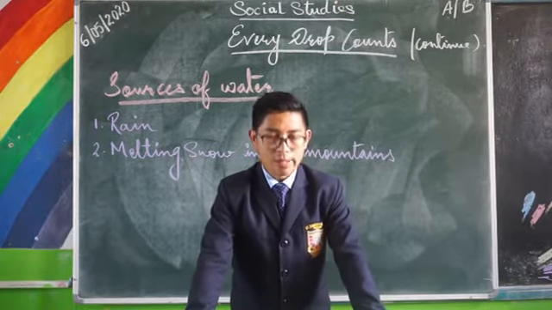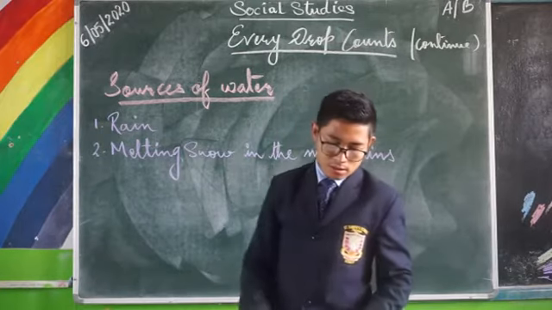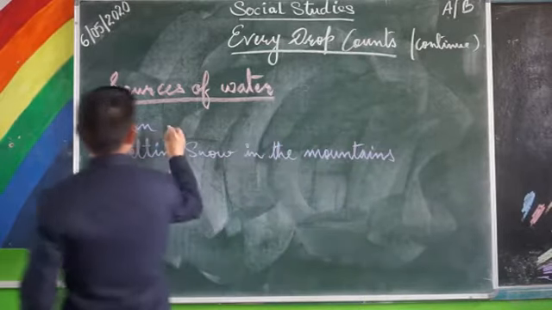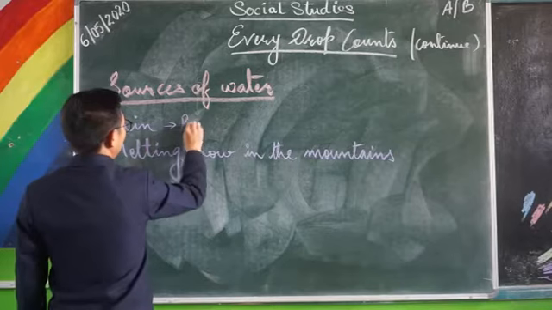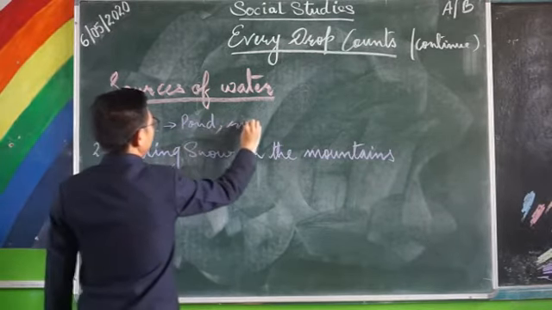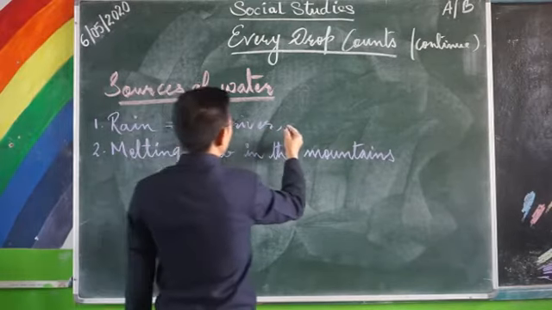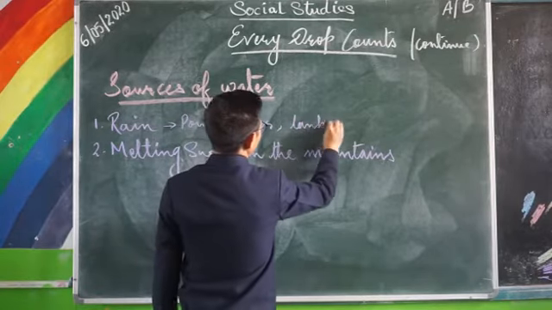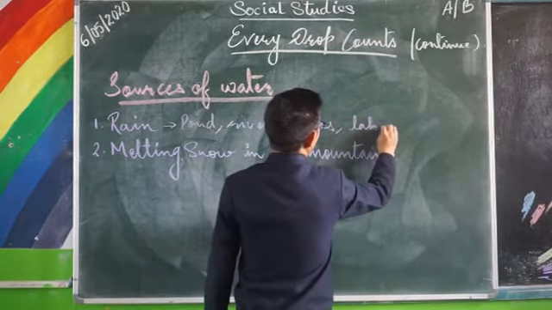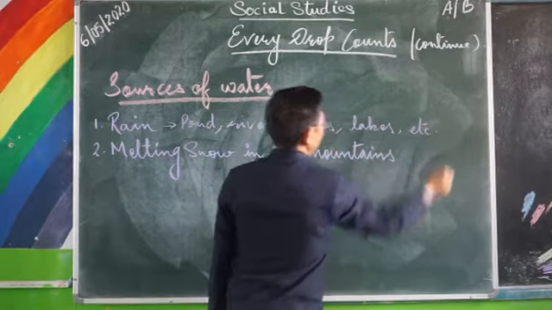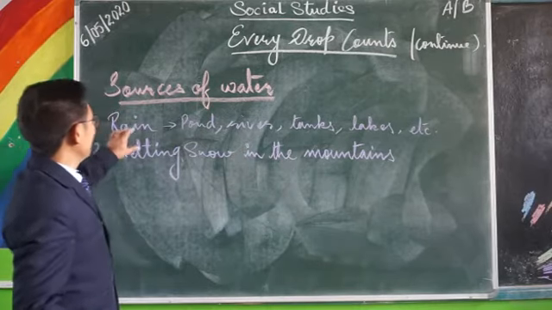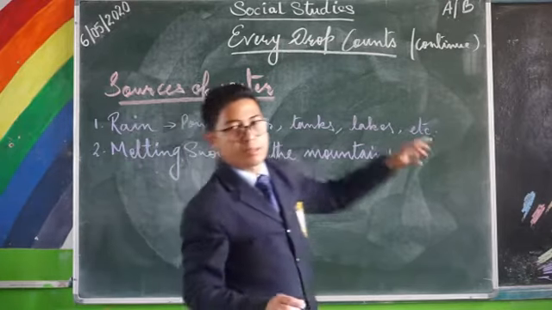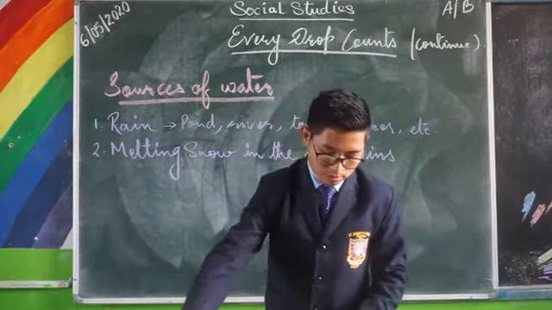How do we get rainwater? Obviously, when it rains, the water gets collected in ponds, rivers, tanks, lakes, etc. So when it rains, the water gets collected in pond, river, tanks, lakes, from where we can get the water.